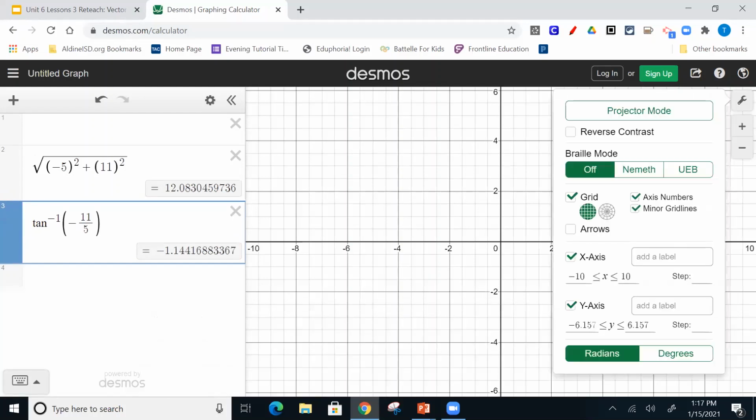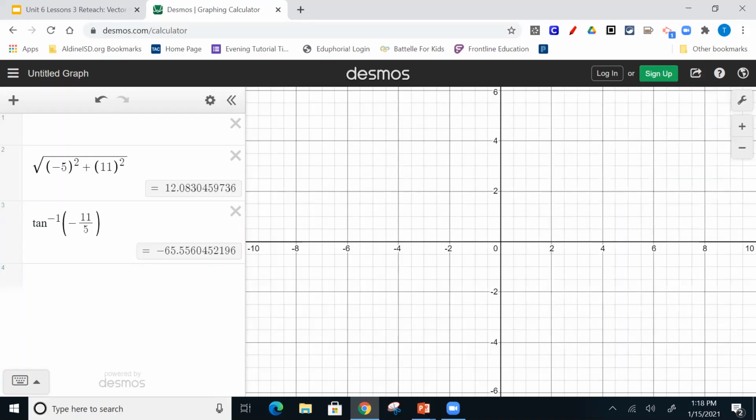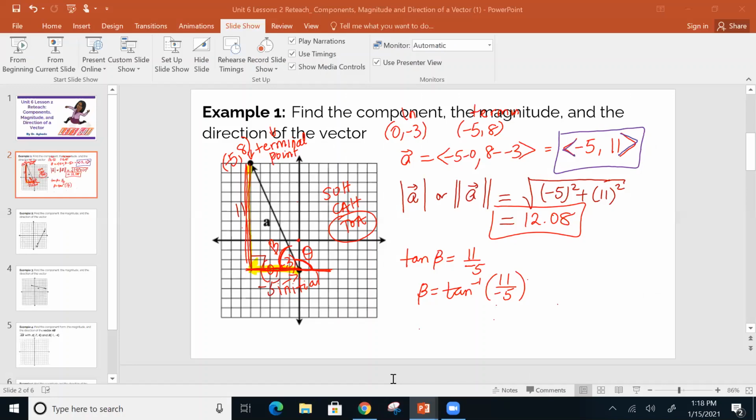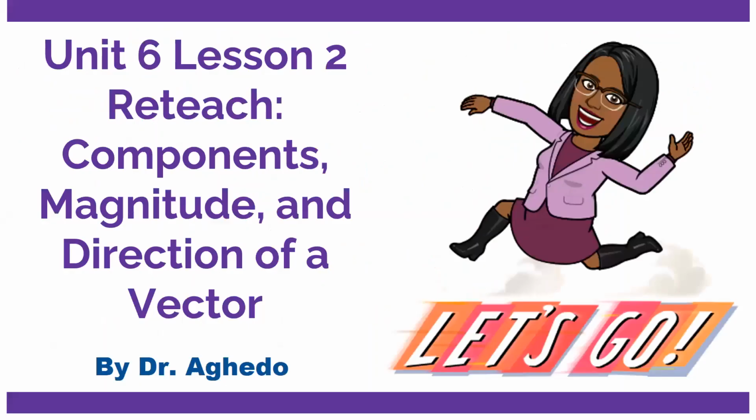That is because when you are using Desmos, this answer is given in radians. So please make sure that you convert it to degrees. Go to this spanner, then convert it to degrees. It's not as if what you are getting is wrong, it's just in radians. So we see that this angle is -65.55.